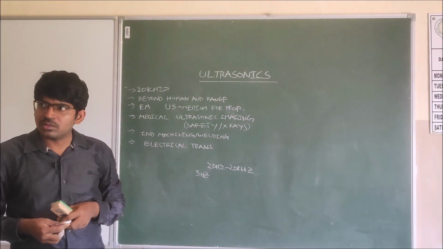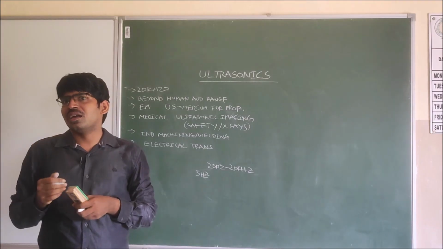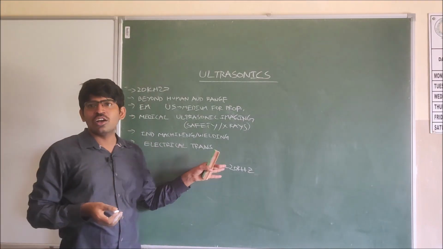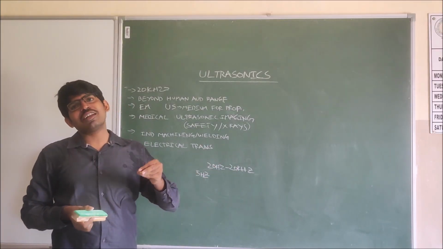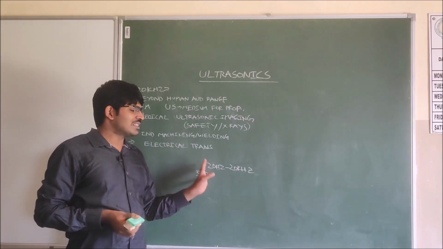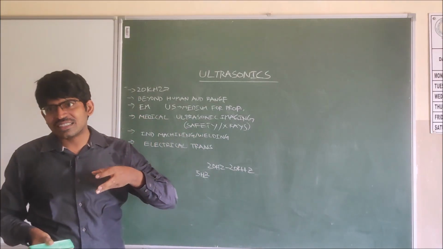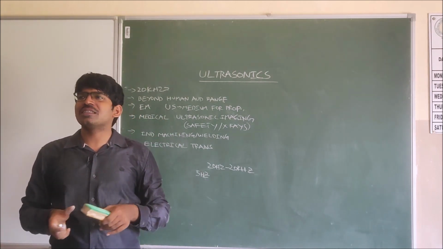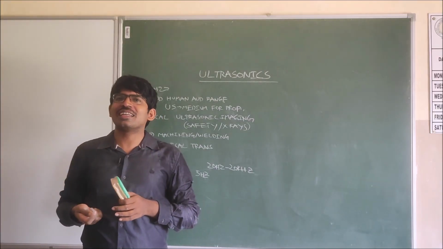Dogs can perceive more than human beings. So we are discussing the human audible range between 20 Hz and 20 kHz. A sound signal before 20 Hz is called infrasonic. Sonic means the range in which we listen.